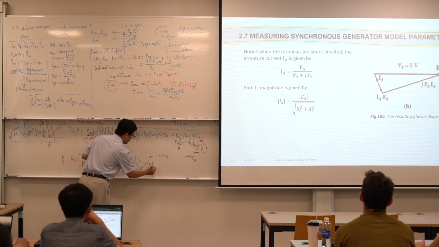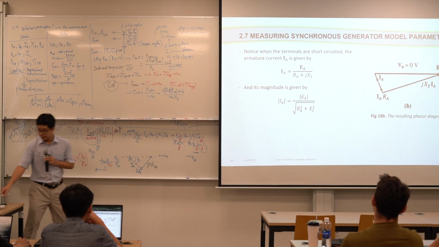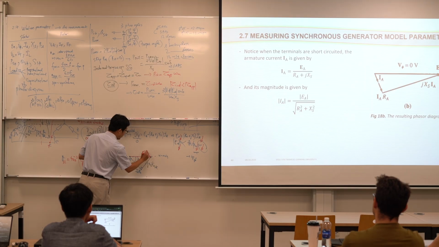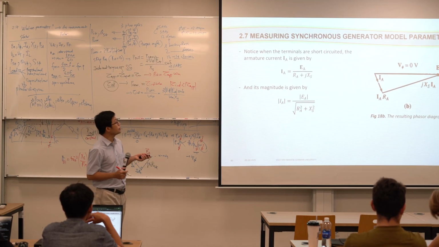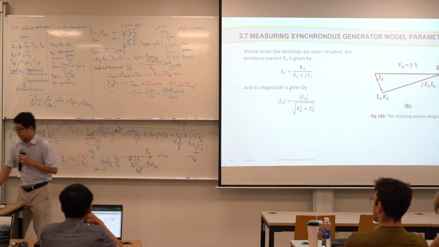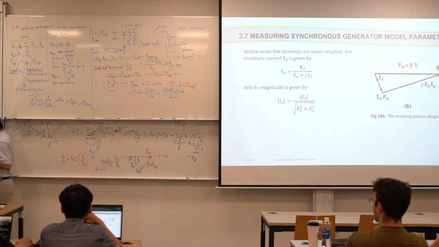Remember that IA here is the short circuit current. And then we can get this, the phasor diagram of the short circuit test for synchronous generators. Any questions?